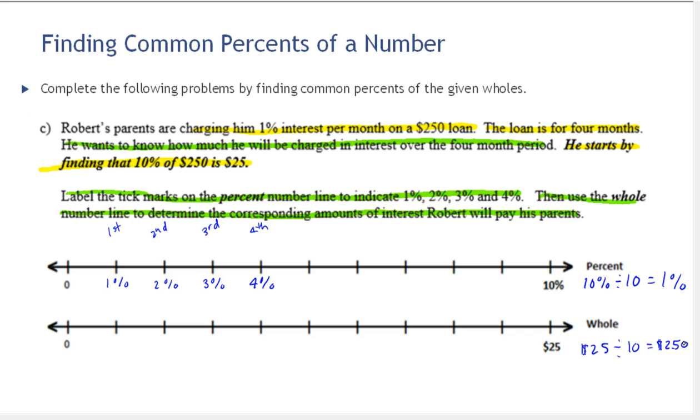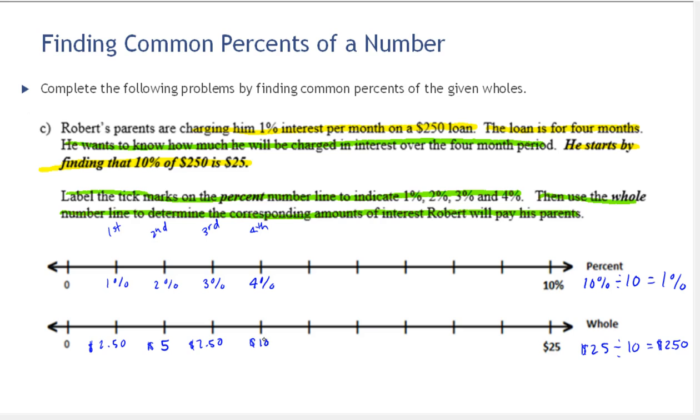Okay. So the first one is $2.50. The second one is $2.50 more than $2.50, or 2 times $2.50, which is $5. This would be $2.50 more, which is $7.50. Okay, these are all measured in dollars. And $2.50 more is $10.